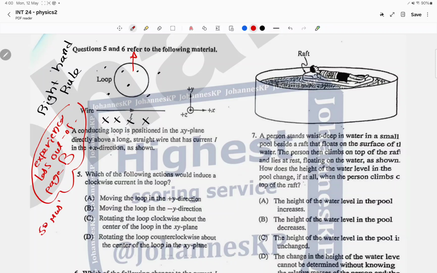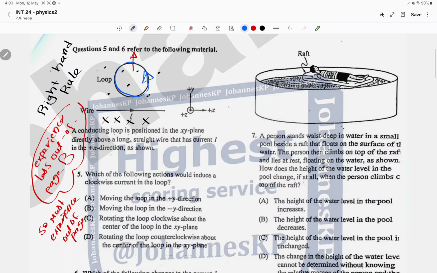So we must experience out of the page. Okay. So now point your thumb out of the page of the right hand and curl. What do you see? You see the current is pointing counterclockwise.